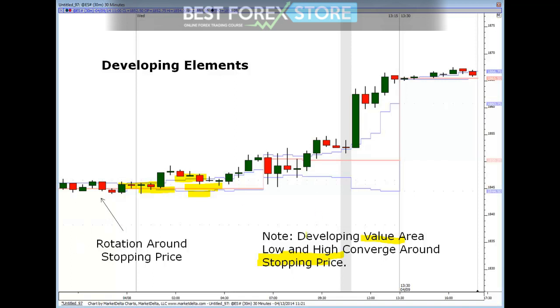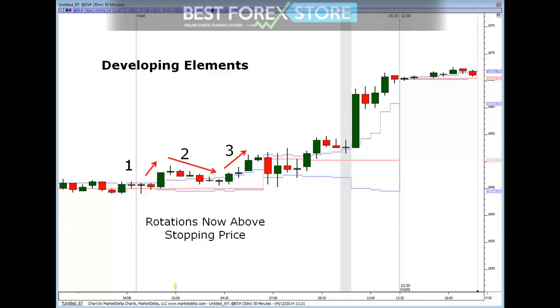Now, if we take a look at the rotations, we begin here with the first rotation, a slight upward move, and it actually takes us above the value area high. But we experience rejection, and now we're into the second rotation, and we drop back into value. But notice what happens.